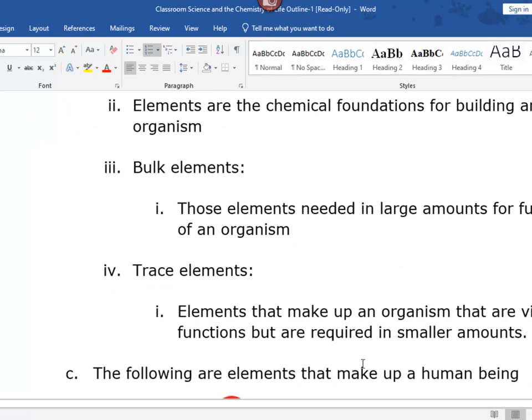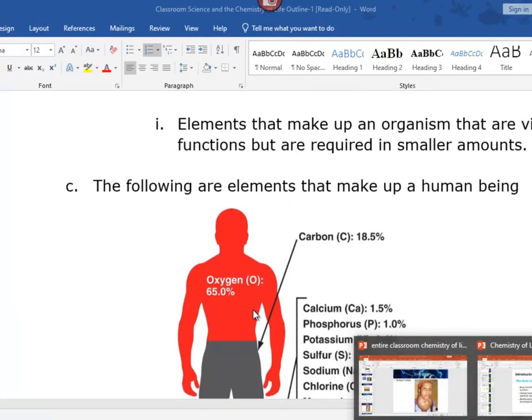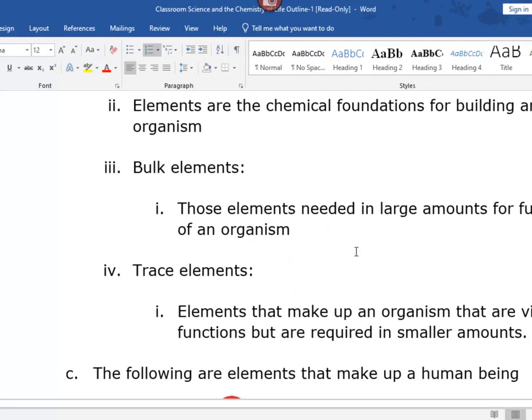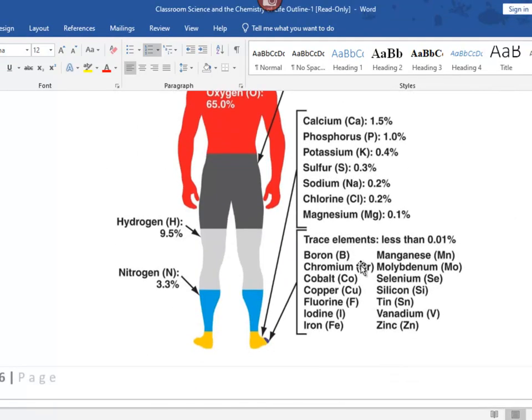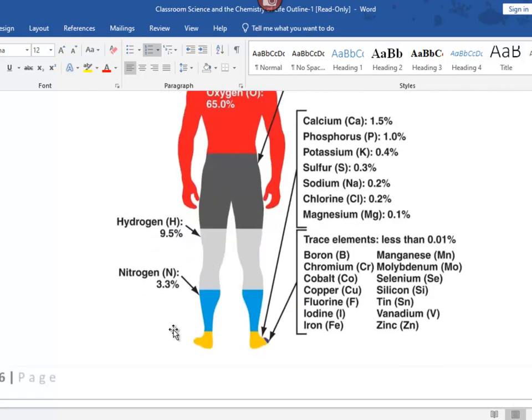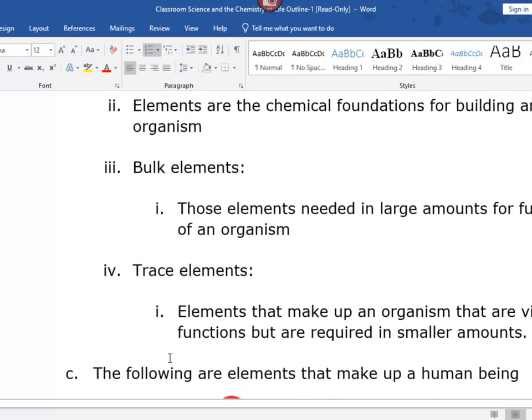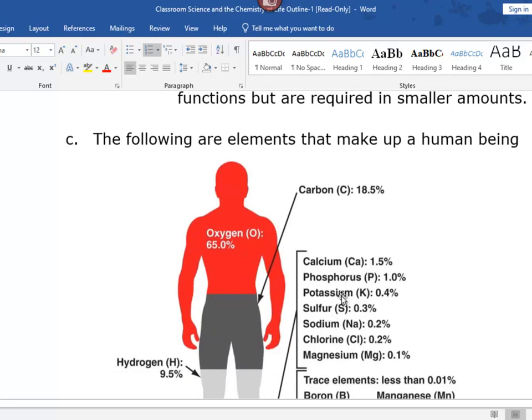All right, when you go to break down a person, and I already have this here, that's great. This is a great chart. These are all bulk elements. You see oxygen, carbon, hydrogen, and nitrogen. Those are considered bulk elements. Have to have those in large amounts. Otherwise, can't sustain life. Trace elements are all of these.